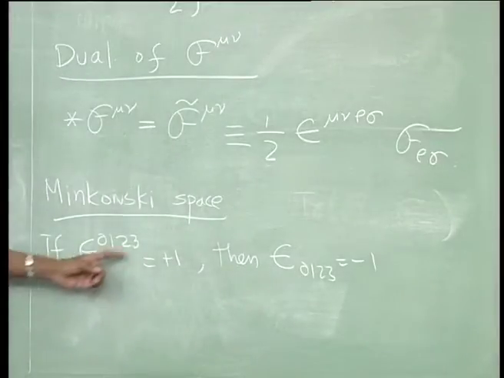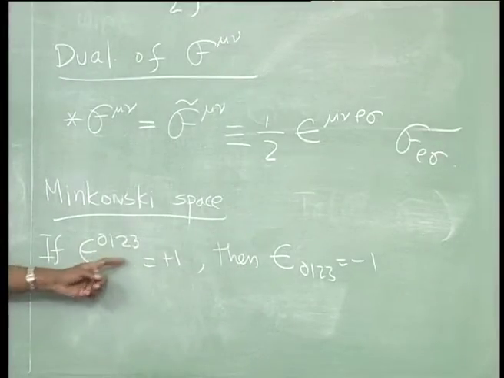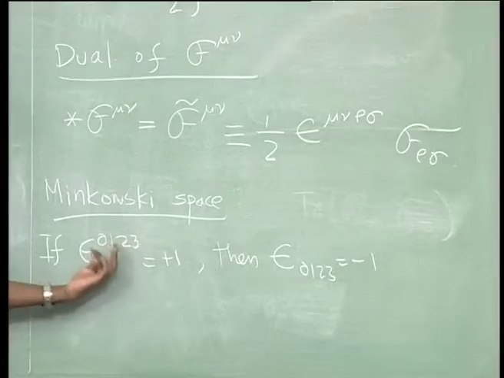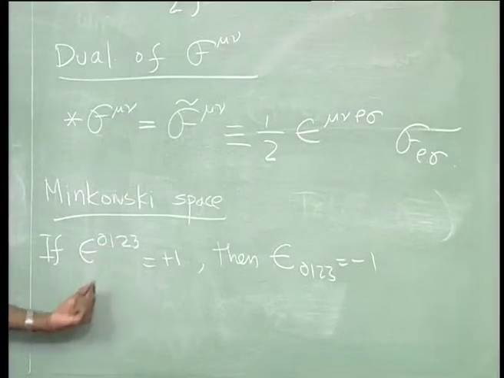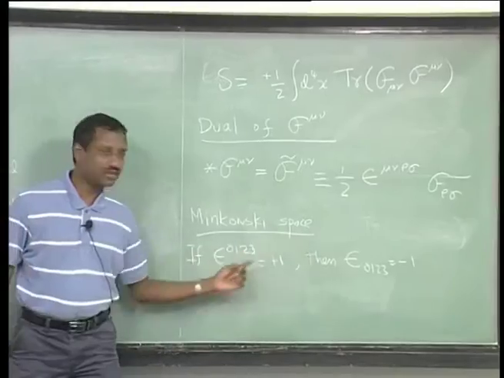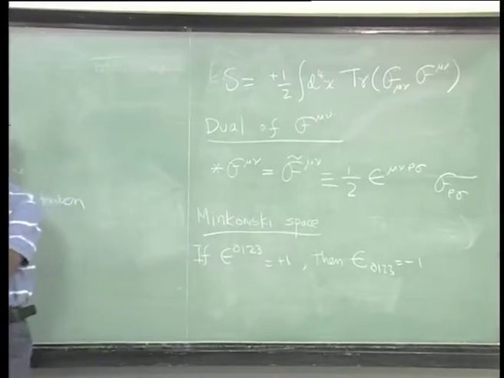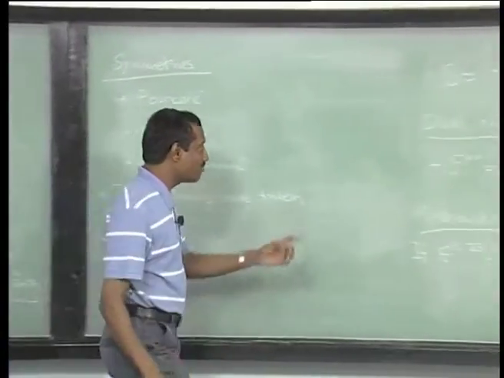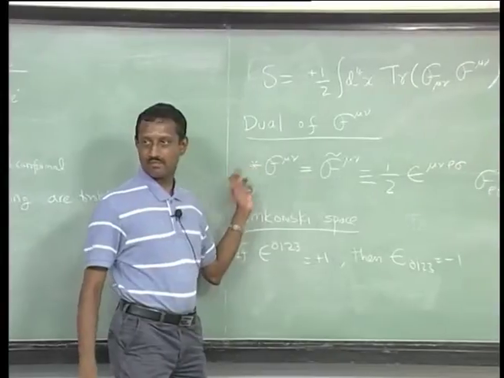Why is that? Because I have to lower these indices, and irrespective of your convention, either you have 3 minus signs or 1 minus sign. So this happens in Minkowski space. So now you can ask what will happen if I do this twice.